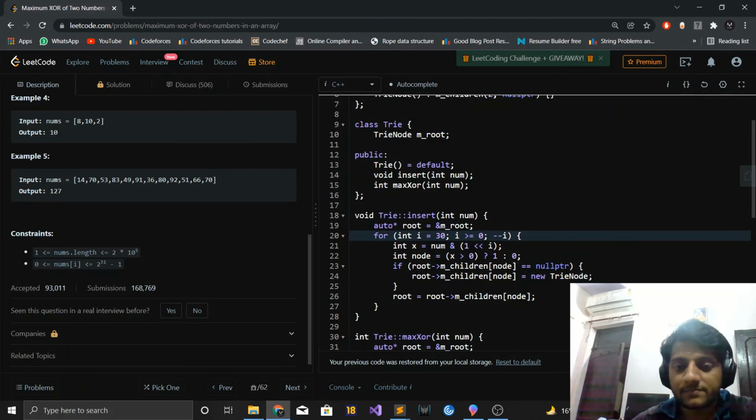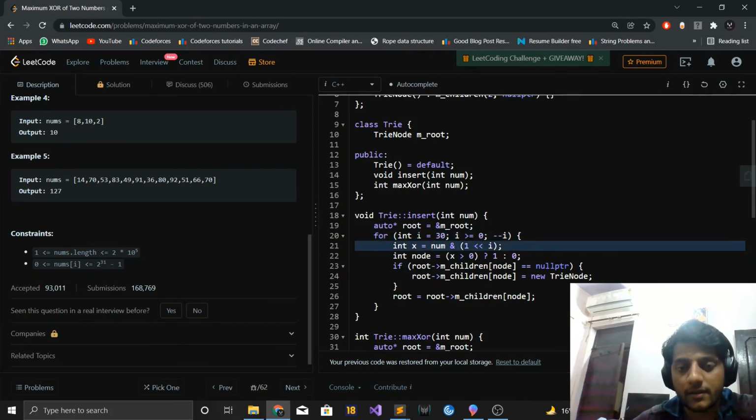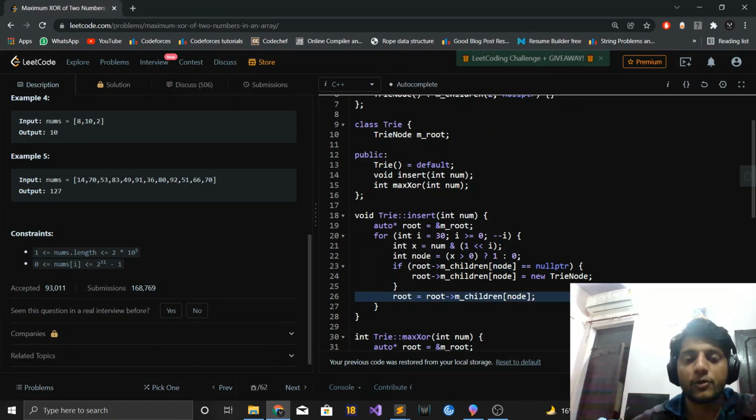I'm going in reverse manner, because we are representing the trie from root to leaf, and that representation is most significant bit to least significant bit. So I find the bit at the ith position, and accordingly, if the bit is 1, I will create the child with bit 1, or else I will create a child with bit 0, and I will update my root node and keep on doing it.